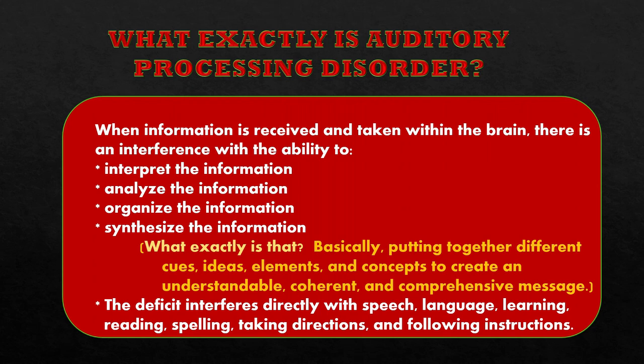What exactly is auditory processing disorder? When information is received and taken within the brain, there is an interference with the ability to interpret the information, analyze the information, organize the information, synthesize the information.